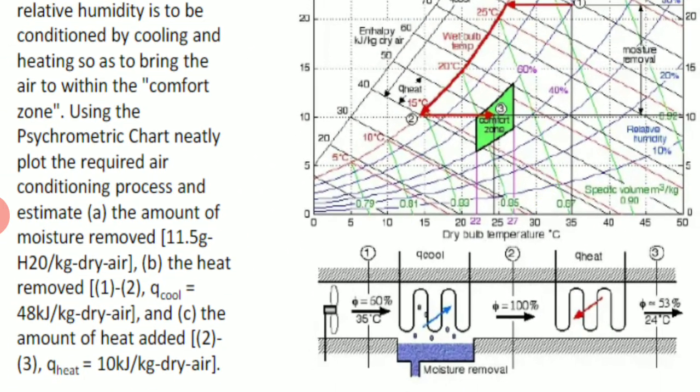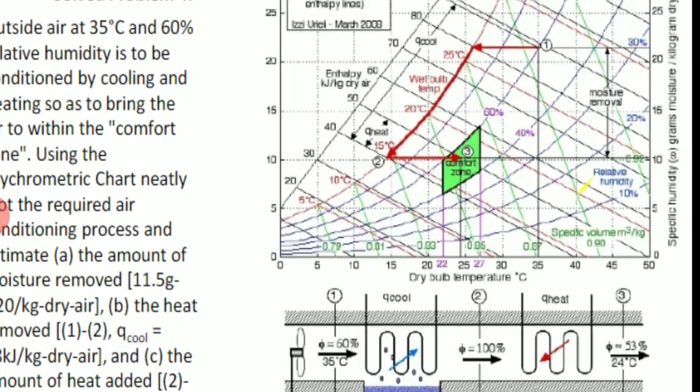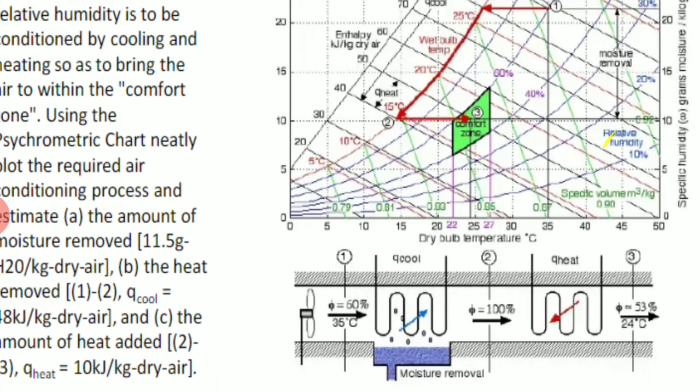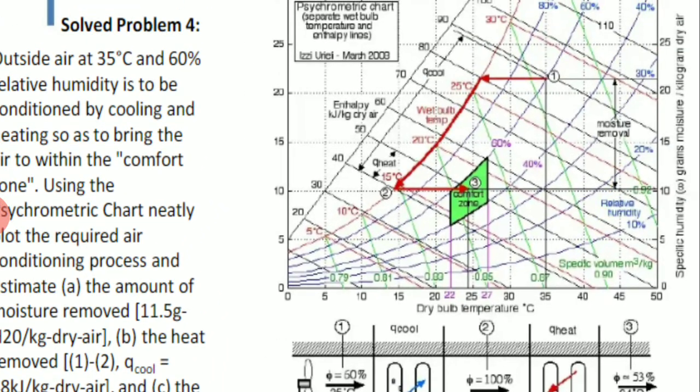The second point is the heat removed. How much heat is removed? Heat removed can be calculated as H1 minus H2. From point 1, take a scale parallel to the wet bulb temperature, and you can obtain enthalpy H1.